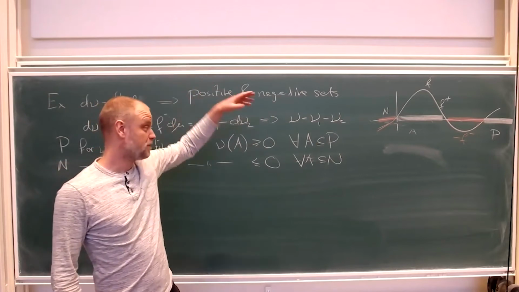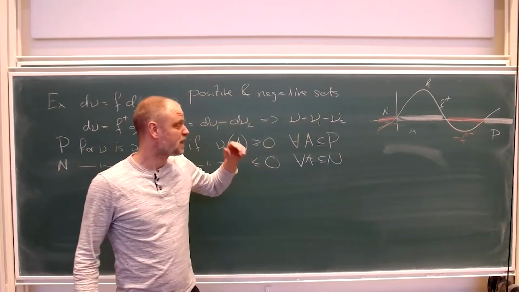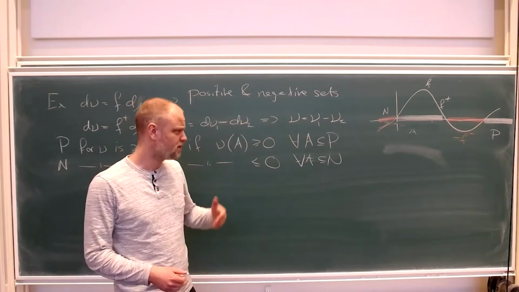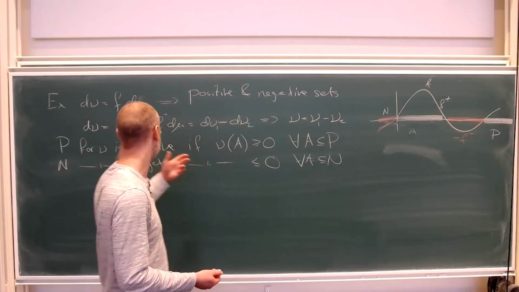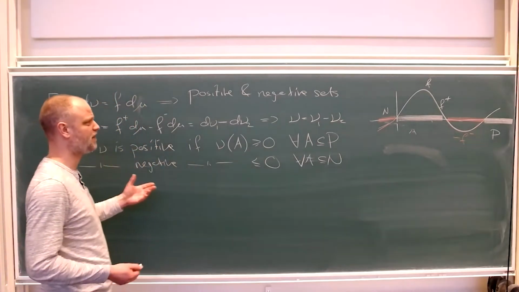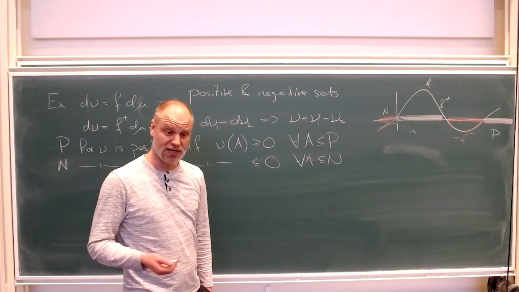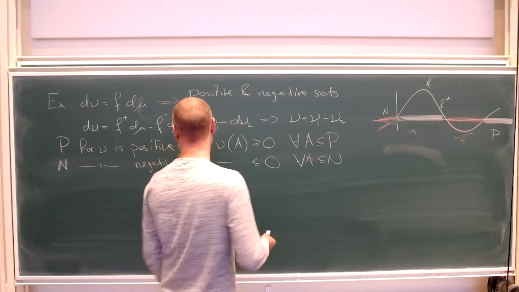As I said, we can always do this, but here it came very easily from just looking at this function. But in general, we don't have a function that does this. So how can we even find this guy and that guy to write that as a difference? Because clearly these are not unique, right?